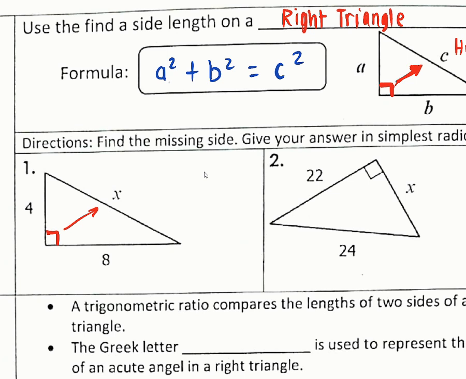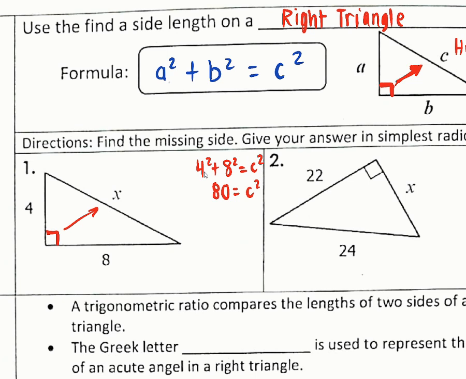Does it matter which one I call A and which one I call B? No, absolutely does not matter. So I'm going to just go a squared plus b squared equals c squared. And then I'm just going to get my calculator out and go 4 squared plus 8 squared is. Anybody got it? 80. So 4 squared plus 8 squared is 80.